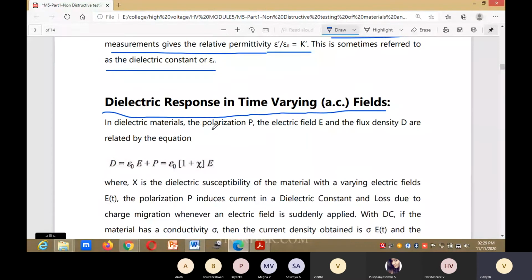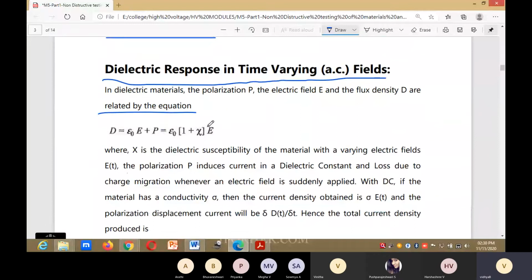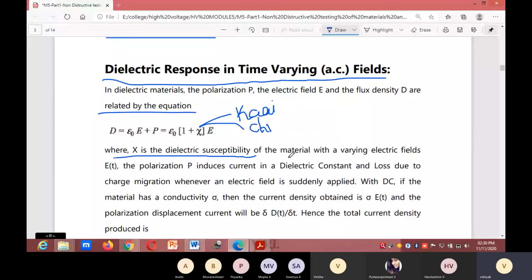In dielectric materials, the polarization P, the electric field E, and the flux density D are related by the equation D is equal to epsilon naught E plus P is equal to epsilon naught (1 plus chi) E, where chi is the dielectric susceptibility of the material.